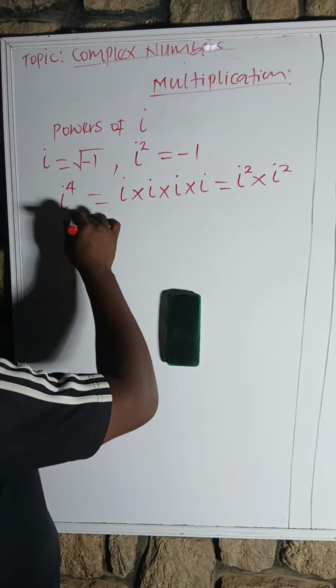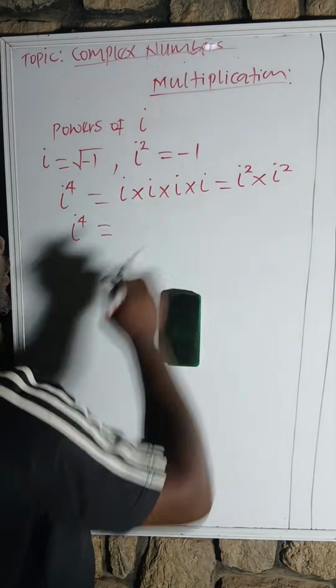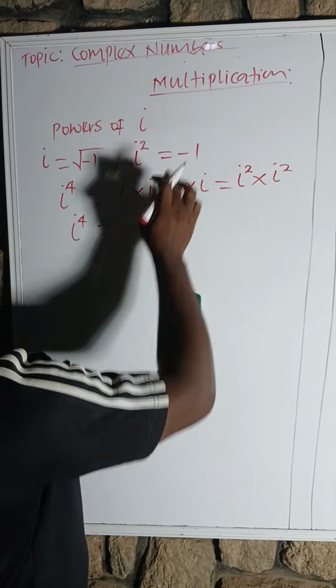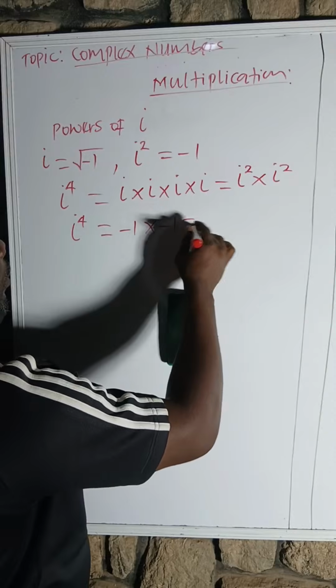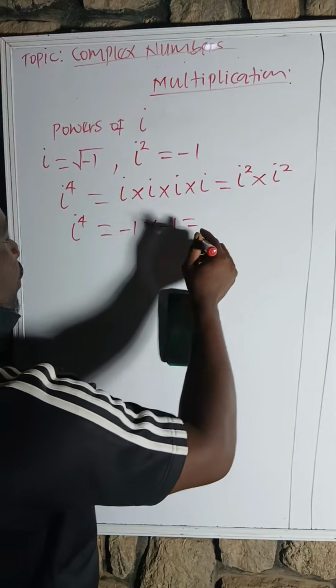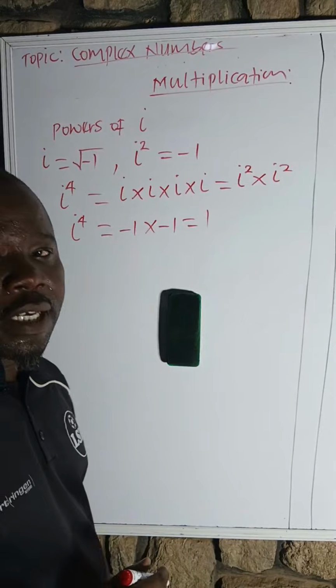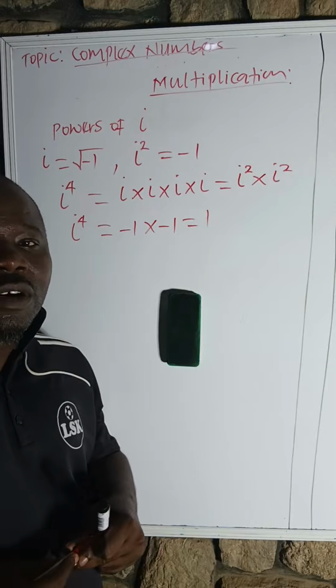That will give us i squared is minus 1 times minus 1, which is minus times minus plus, 1 times 1, 1. So it means i raised to the power of 4 is 1.